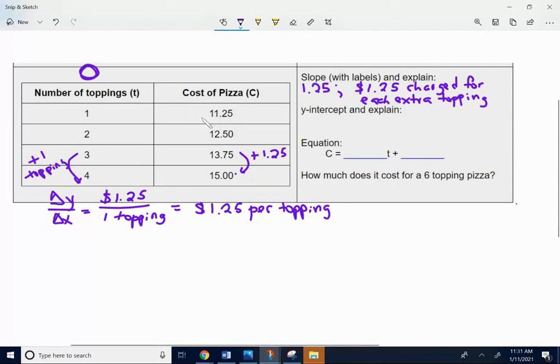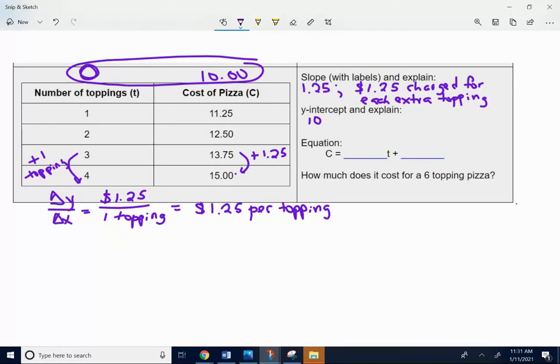We'll just use the pattern. If it keeps going up $1.25, up $1.25, up $1.25, if you're thinking backwards, it's going to be going down $1.25, down $1.25. If you take $1.25 away from 11.25, you end up with 10. So 10 is really your y-intercept, because it's the y value across from x equals 0.